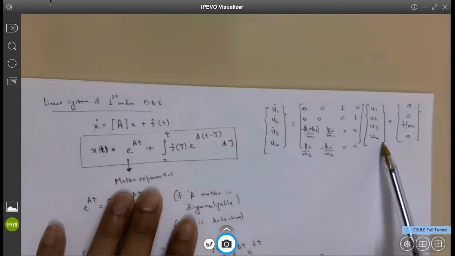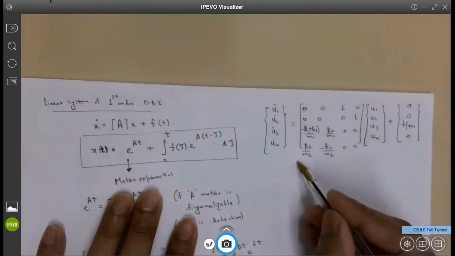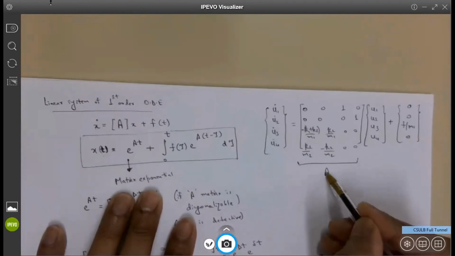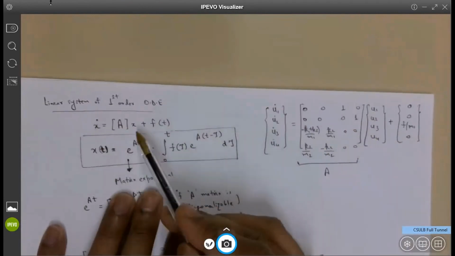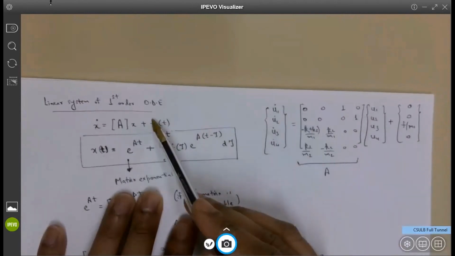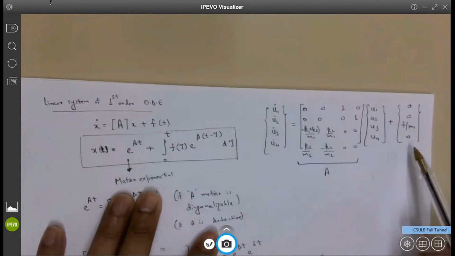So what we have got is the same form as this, where this is our matrix A, this is my x dot, this is my x, and this is my force vector, a constant coefficient vector that is a function of time only.